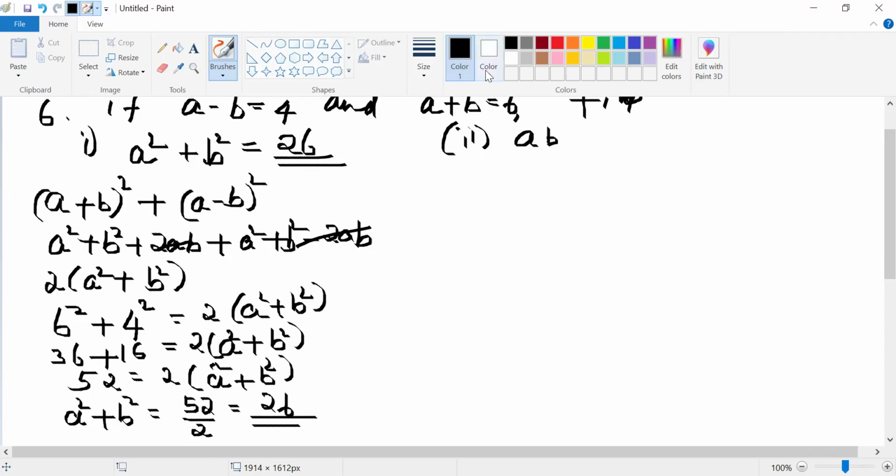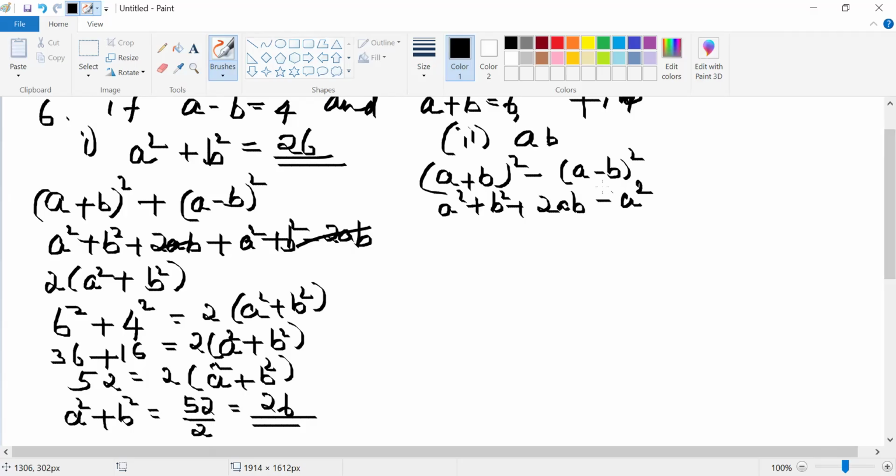Next, AB we have to do. So there what will we do? A plus B whole square minus A minus B whole square. What will you get? A square plus B square plus 2AB minus, you put bracket, A square plus B square minus 2AB.